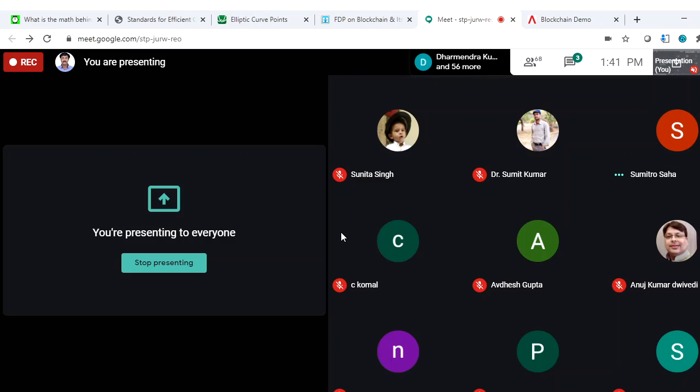In the same way, Bitcoin is also asking you to show the proof of work. What is this proof of work? You have to find the nonce value that will give the desired result, or the required output. Once you get that nonce value, you are supposed to give the block along with the nonce value, so that anyone can verify whether, with this nonce value, you get this particular output or not.